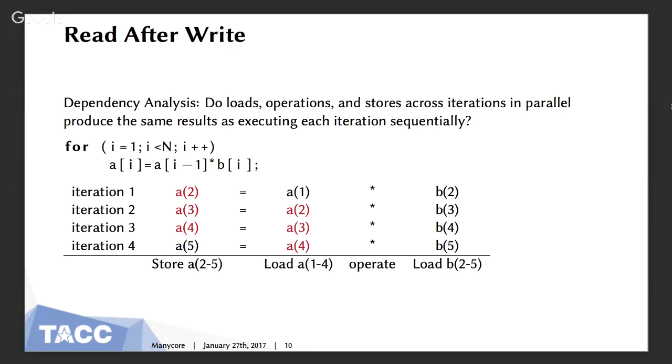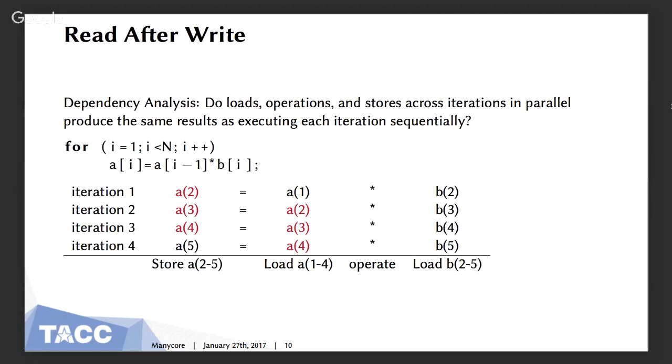A of I minus 1 times B of I is equal to A of I. Okay, let's say I'm vectorizing over 4 elements, so you're doing 4 operations simultaneously. And I have my 4 iterations written out here. My first iteration will have A of 2 equal A of 1 times B of 2, and so on.